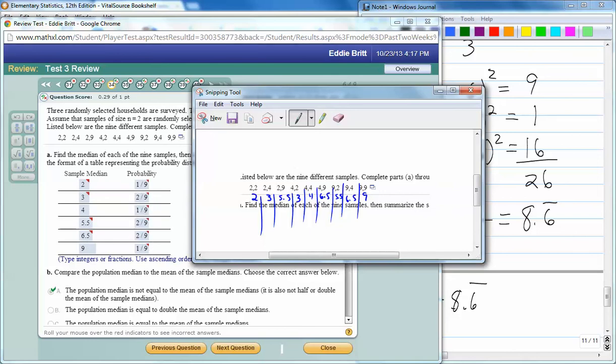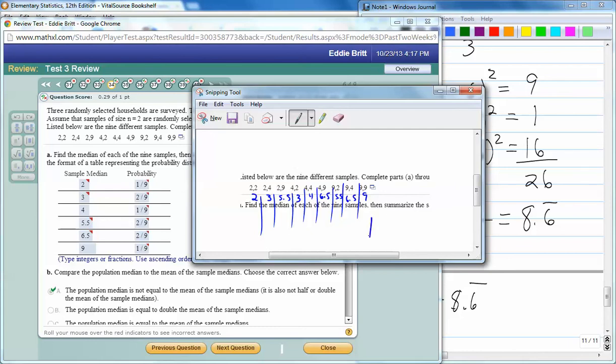Alright. Now, we want to compare the population median to the mean of the sample medians. So you need to find the mean of all these medians. So add them all up and divide by 9. And I think you get 5 when you do that.